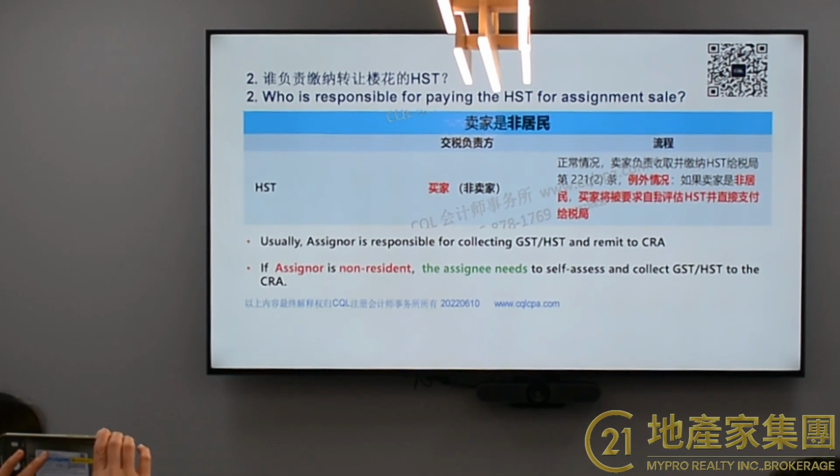What does that mean? When you know the assignment seller is non-resident, the HST is what they need to pay, but the buyer needs to help the seller submit it to the revenue agency.